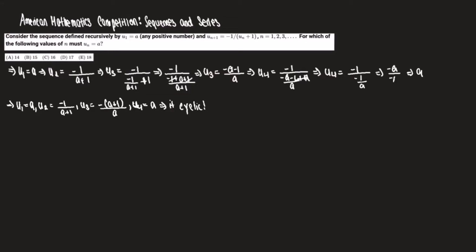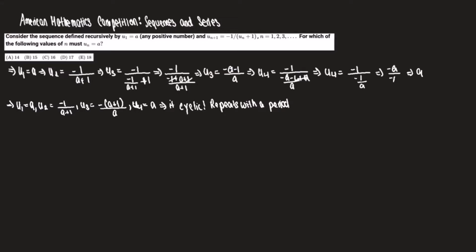It repeats with a period of 3, because every 3 iterations we get a.